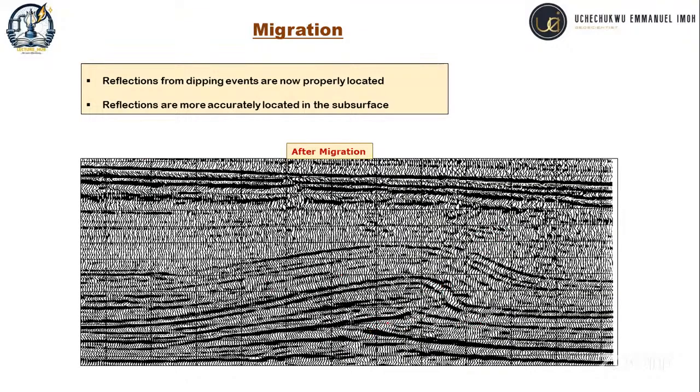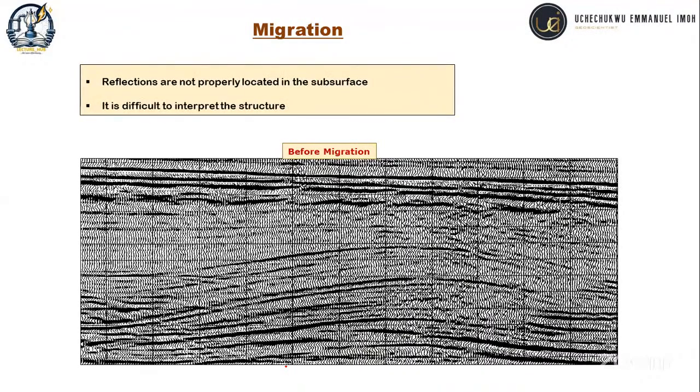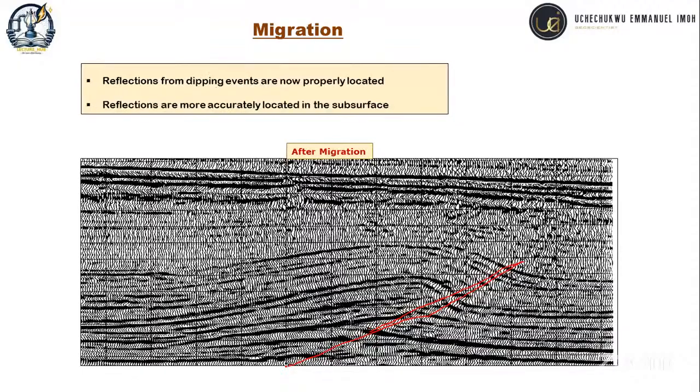If you look well, you'll see an amplitude change that shows a thrust fault around here. So you do your migration to increase your spatial resolution. The event is better now, and the true geology is being represented after migration.